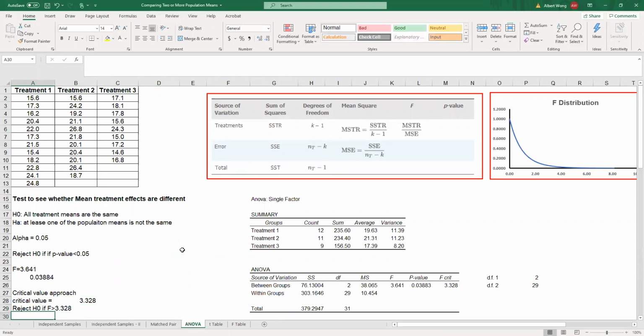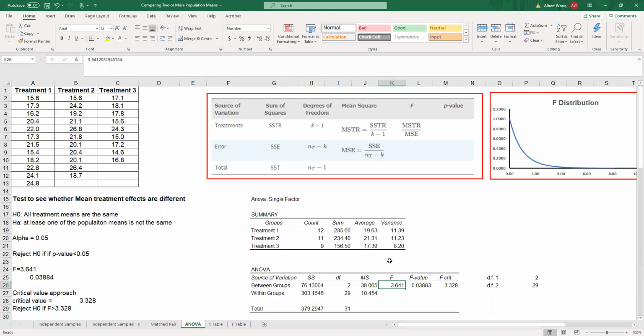That's how you specify the rejection rule if you're using the critical value approach. You can see that the F statistic is 3.641, which is slightly bigger than 3.328, so this is a marginal case, as we talked about.